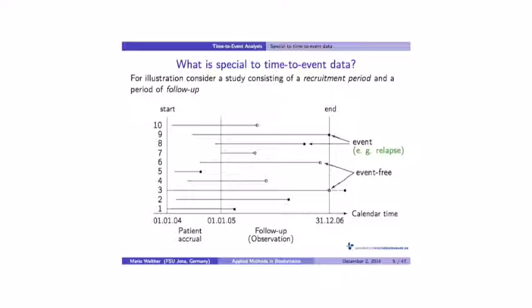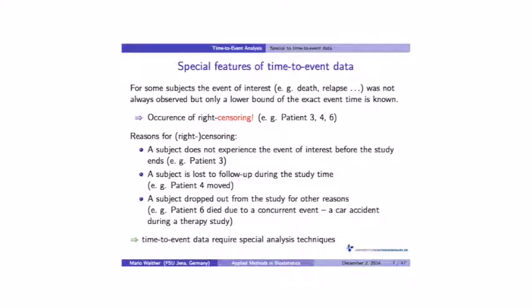And so for patient 3 you have a censored observation because the patient was observed the whole study time without the event of interest occurring for this patient. So you have censored data for this patient. This is one reason where censoring can occur: that the study ends before the event of interest occurs.